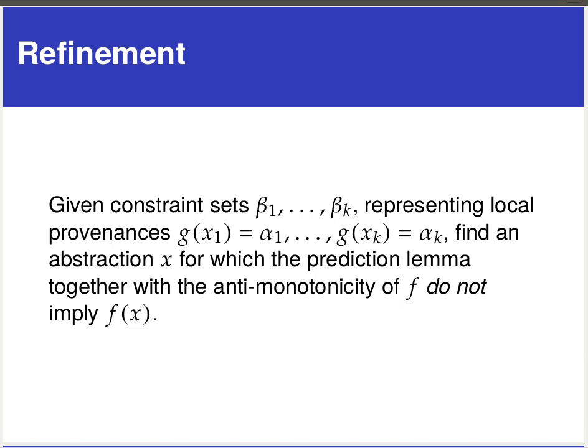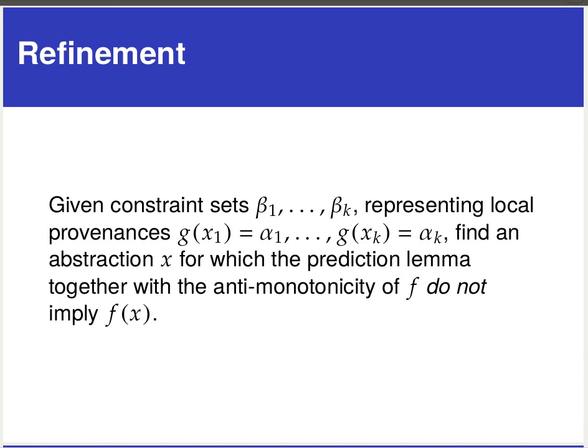So beta 1 represents alpha 1, which is the local provenance at some abstraction x1, and so on. So given this, we want to find some abstraction x for which the prediction lemma, together with the anti-monotonicity of f, does not imply that the analysis will return yes, something bad may happen.